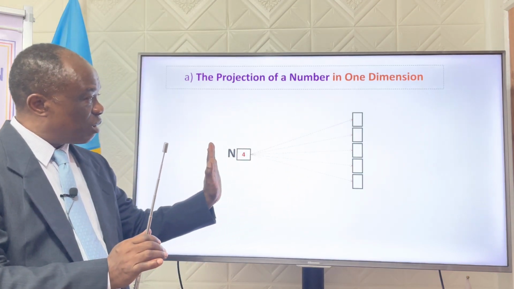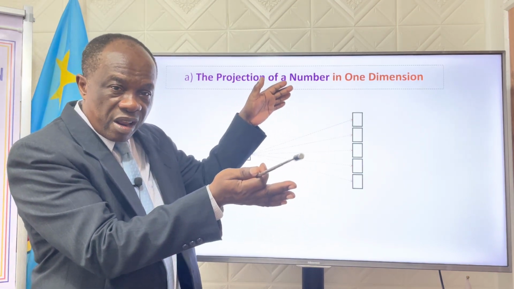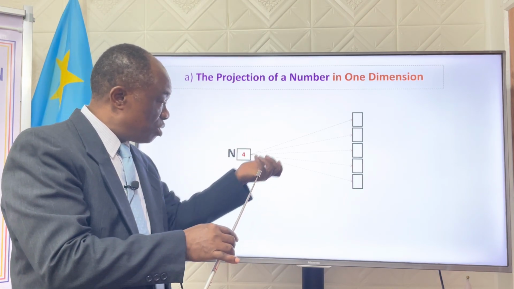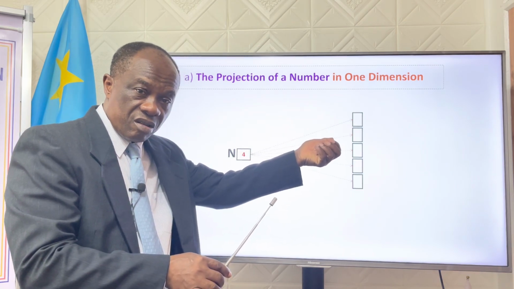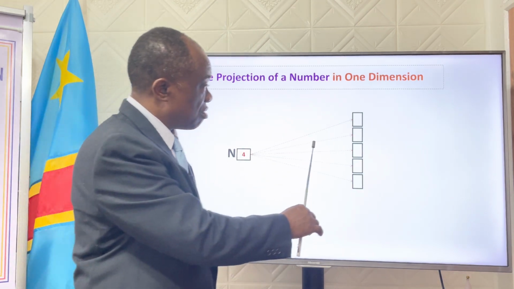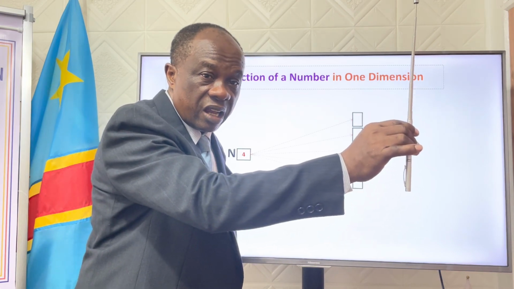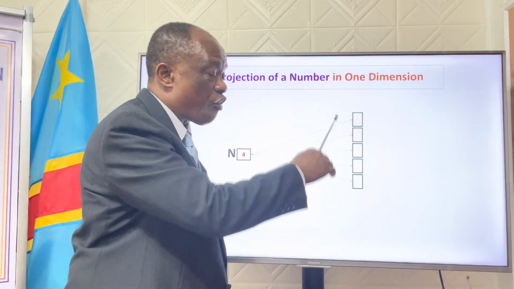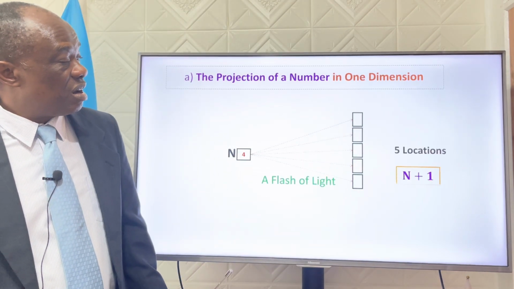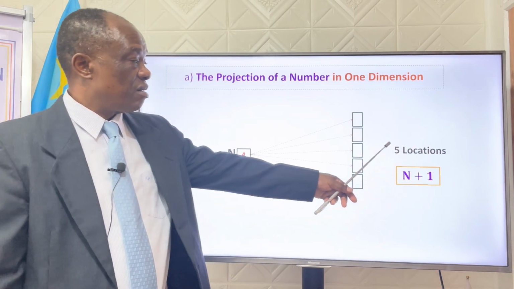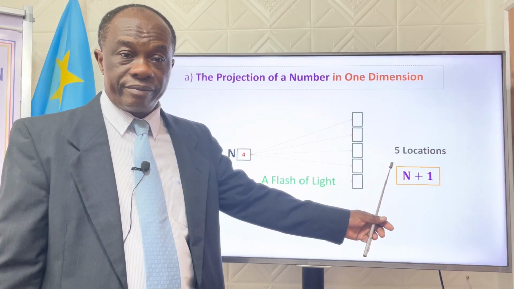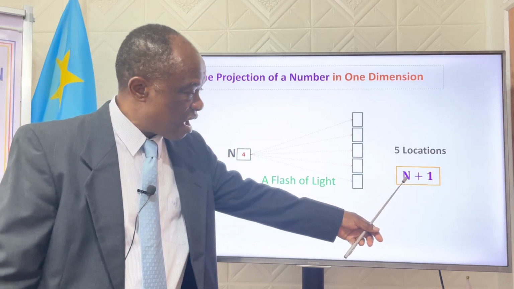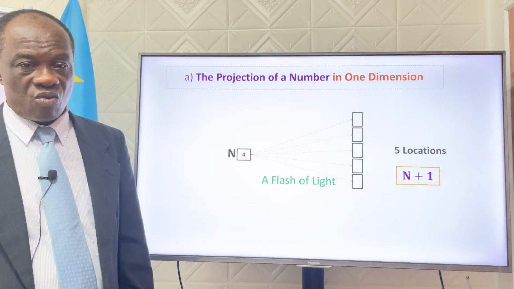And we see the light goes occupying more and more space. That's what we have seen, that you start with 1 brick, 2, 3, 4, 5. So the last we get there in 1 dimension indicates the number of locations. And here, the number of locations is the number plus 1 in 1 dimension projection. It means n plus 1.